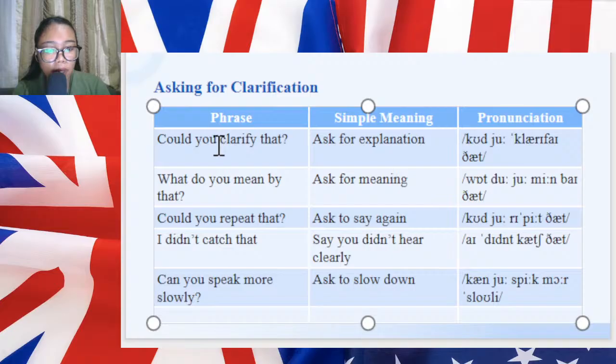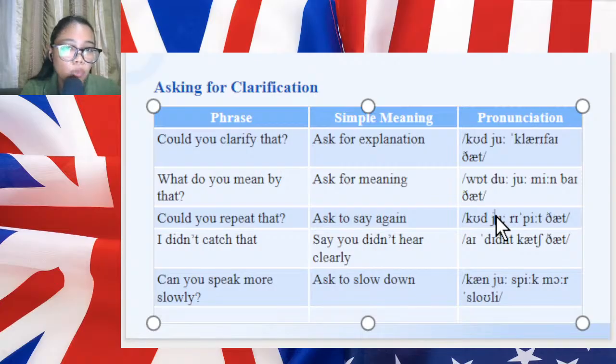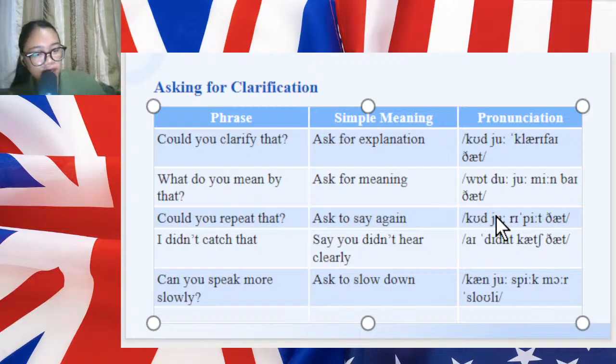Same with the first phrase, could you? So here still same pronunciation, but in natural setting we usually do connected speech where certain words almost sound like one word, which is like could you. It's not totally separated.